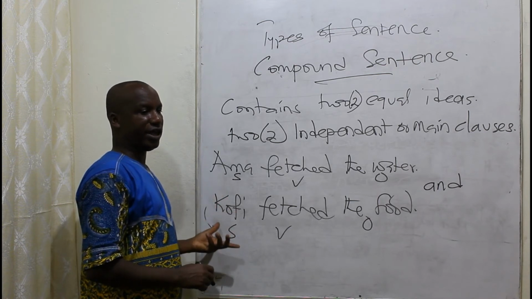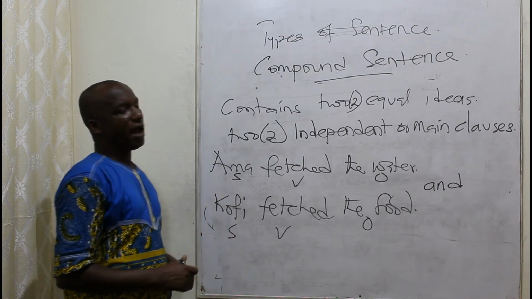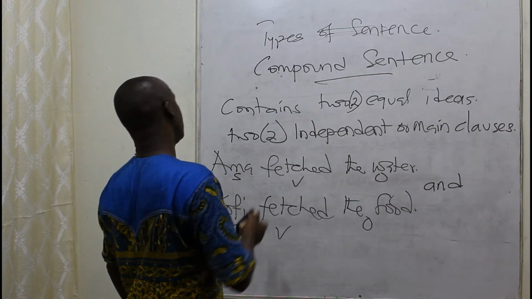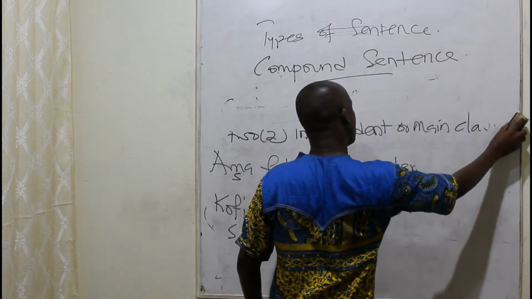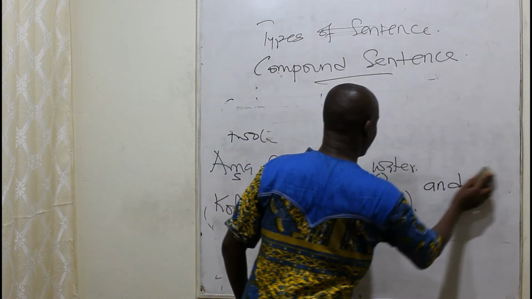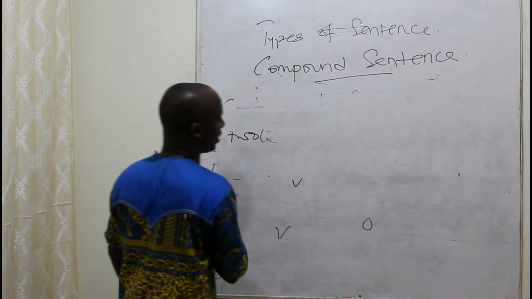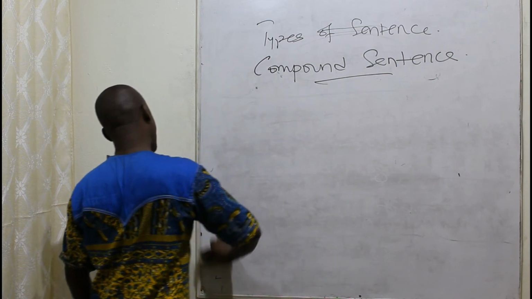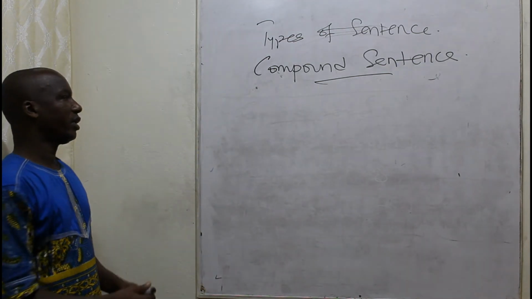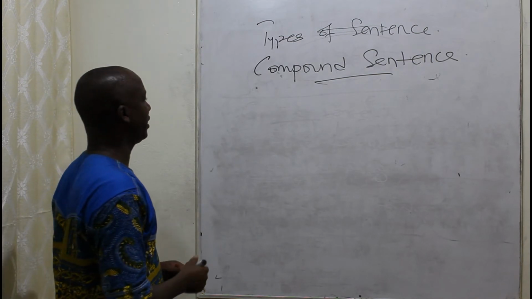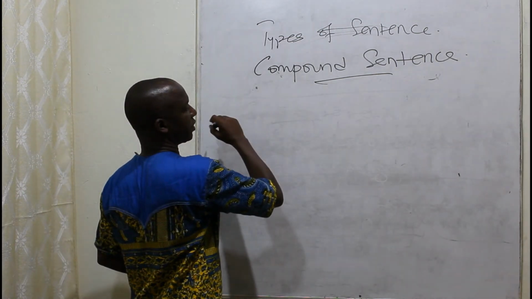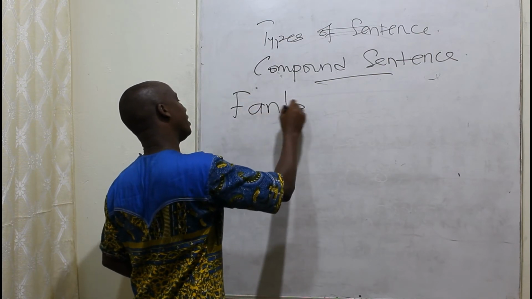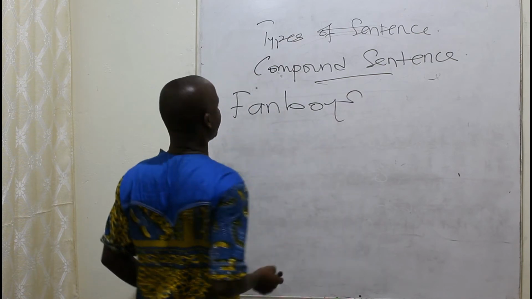They have the same content. And when we talk of the compound sentence, or joining two independent clauses or two equal ideas together, we use what we call the coordinating conjunctions. And this acronym represents them. We call it FANBOYS.